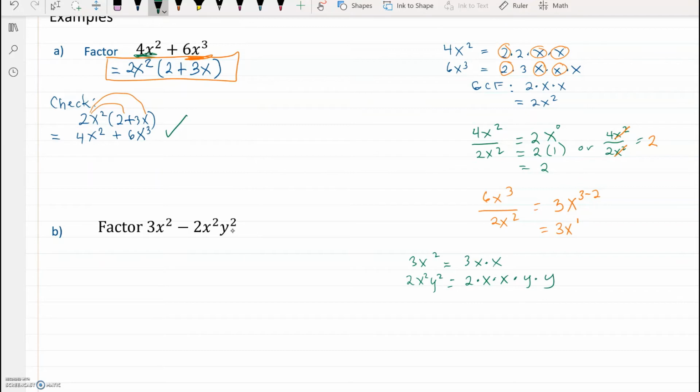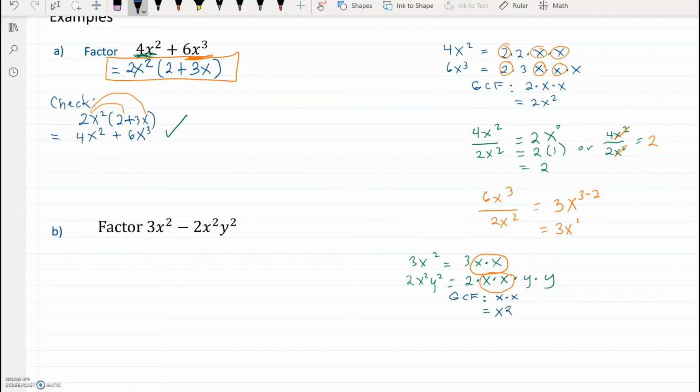And after getting those prime factors, let's pick what they have in common. They both have x times x. So that means for our greatest common factor, we'll have what they have in common, which is x times x, and simplify that as x squared.